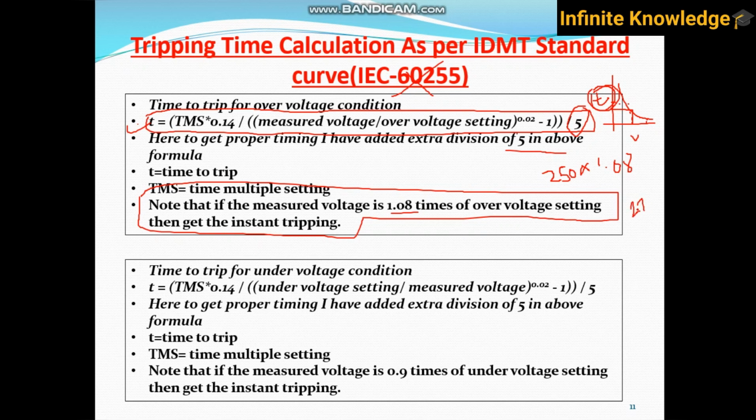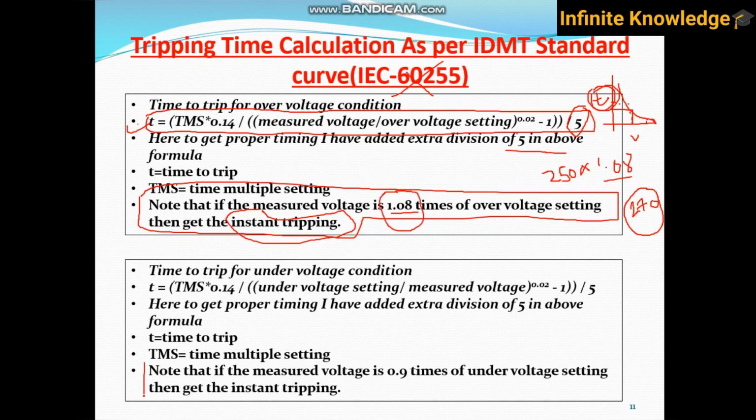So if my voltage is more than 270, I require instant tripping. No matter what the time is, it should not wait and should give me instant tripping whenever voltage is higher than 1.08 times the over voltage setting.